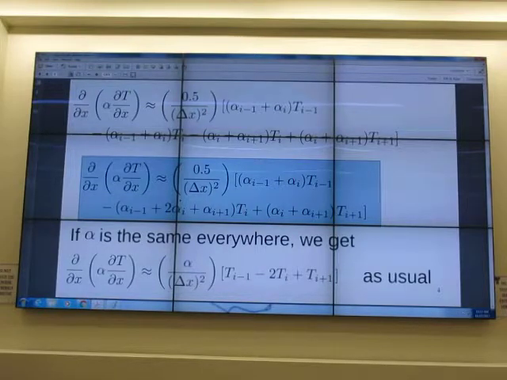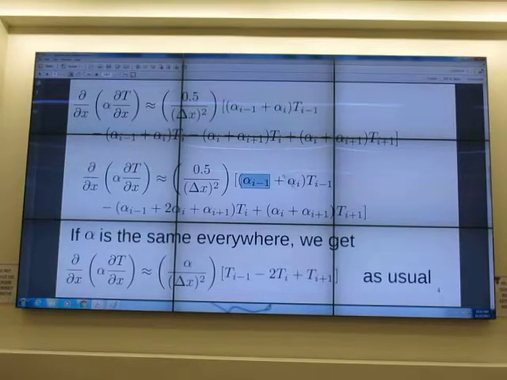Okay? Good. So this means the coefficient will be alpha I minus 1 and alpha I for T(i-1). And for T(i) it will be alpha I minus 1 plus 2 alpha I plus alpha I plus 1, everything multiplied by minus 1. So this is the coefficient.